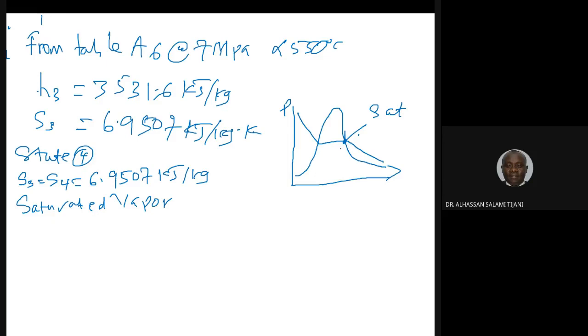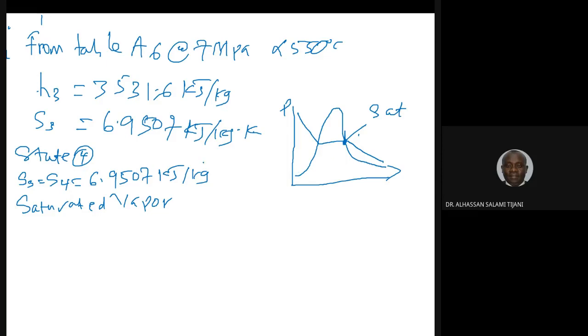All right. Alternatively, we can also take note of the fact that if we know the enthalpy at this state, then it will help us determine the pressure at that particular state as well.